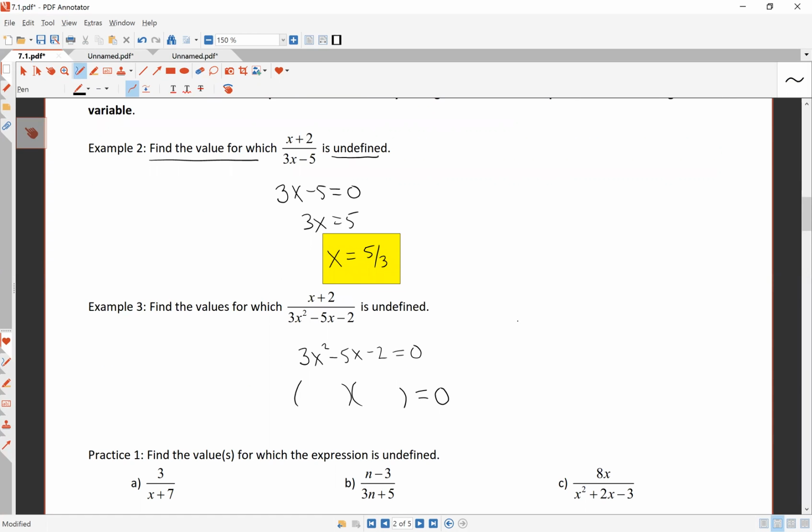There's two ways to factor that. There's the trial and error, or there's the grouping. Most people like the grouping method. I like them both, so I'll show you both of those.